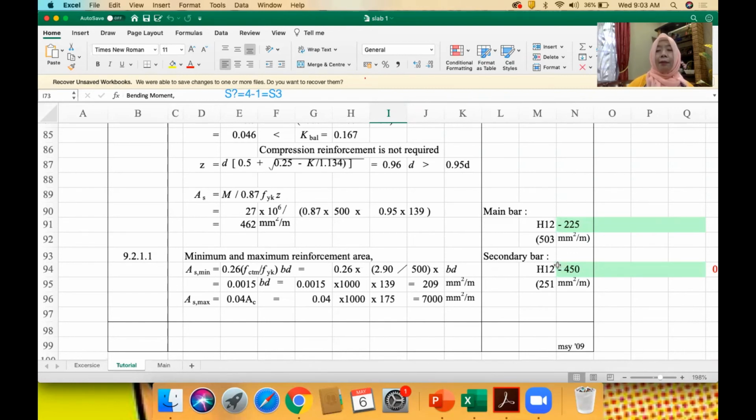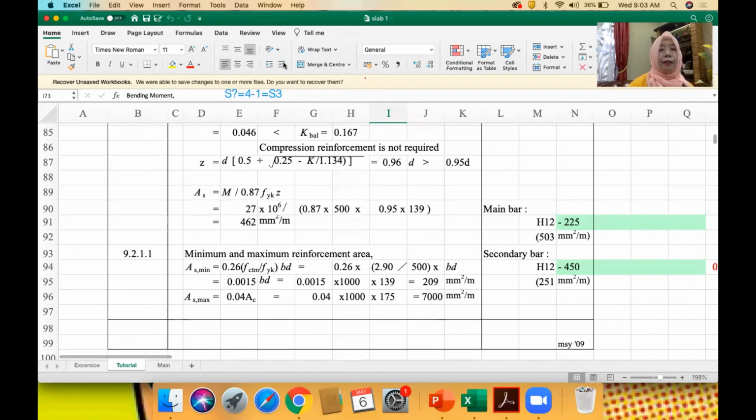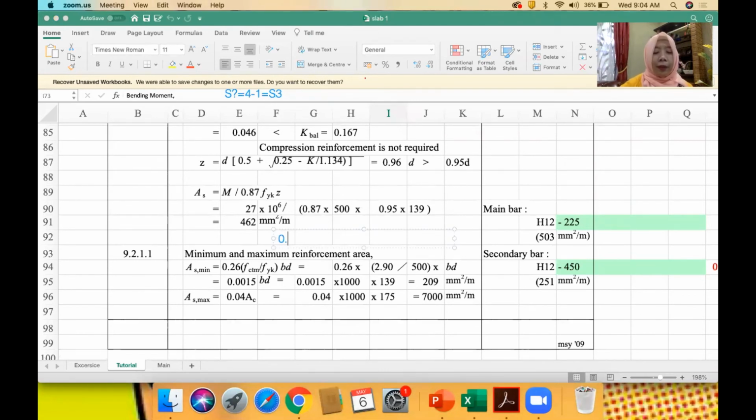For the secondary bar, remember for the secondary bar, at least 20% of 462. So what is 20% of 462? 462 times 0.2, you got 92. Yeah, only 92 millimeter square per meter.